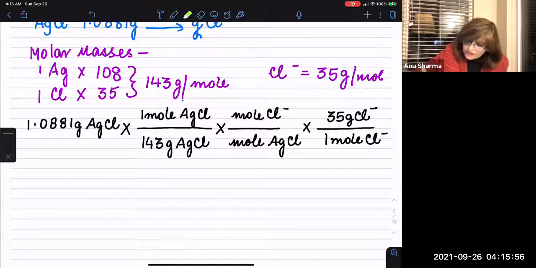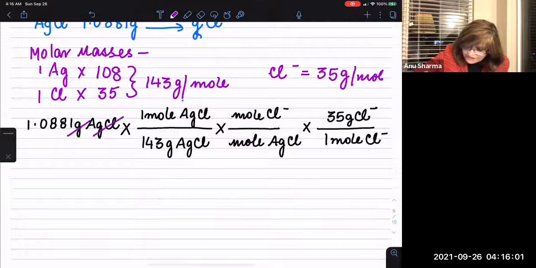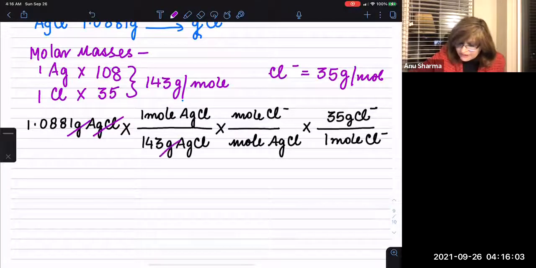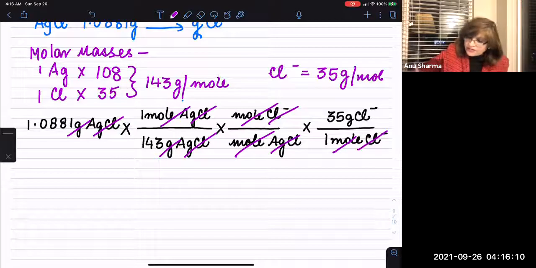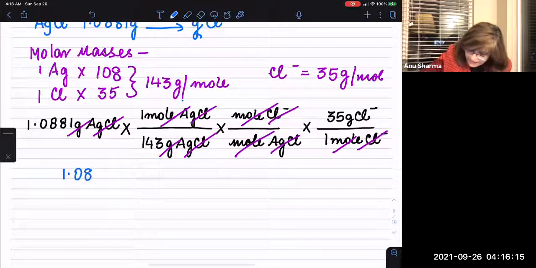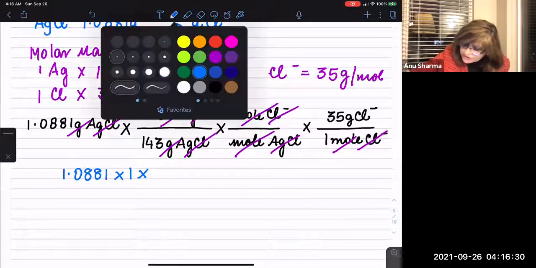So you're going to now see that the grams of AgCl cancel out, moles of AgCl cancel out, moles of chloride ions cancel out. So what do you get here? You get 1.0881 times 1, since this was a 1-to-1 ratio, right?